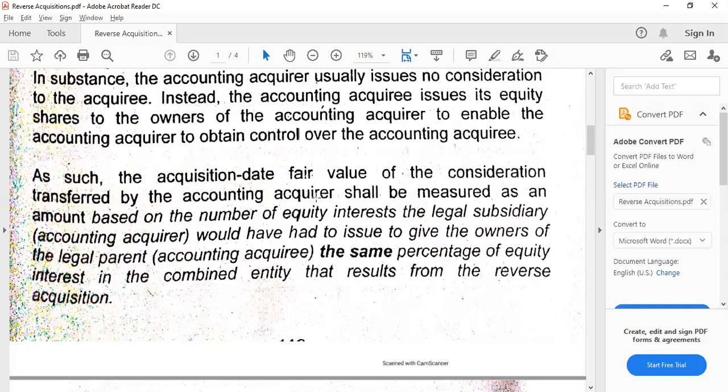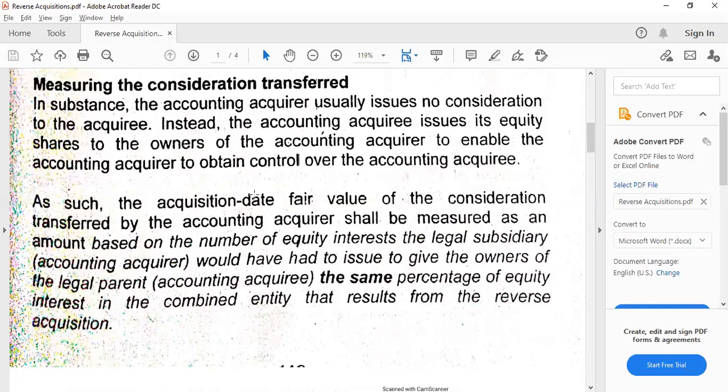So the accounting acquirer or the accounting parent, of course, the accounting acquiree here is the other entity on the opposite end. As the wordings in the standard say, the accounting acquirer or the accounting parent is at the same time the legal acquiree or the legal subsidiary at the opposite end.